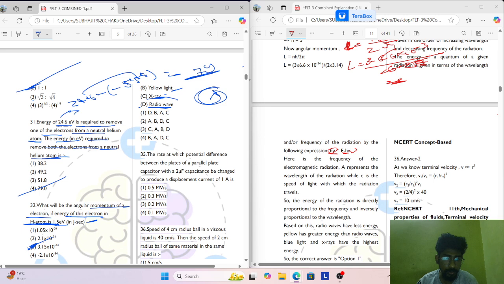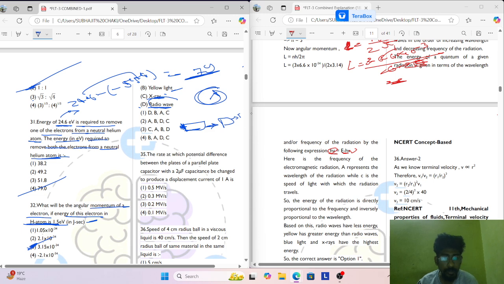Okay, so increasing means from the least energy: the least energy will be the first EM wave, and then the second one, then the third one, then the fourth one.